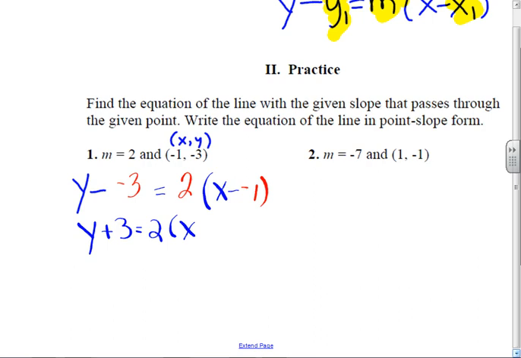What's that going to give me, Andrew? Andrew, are you here? Andrew, what's x minus negative 1? What's minus a negative 1? No. Two negatives make a positive. That's it.